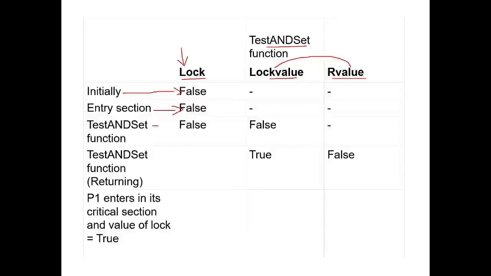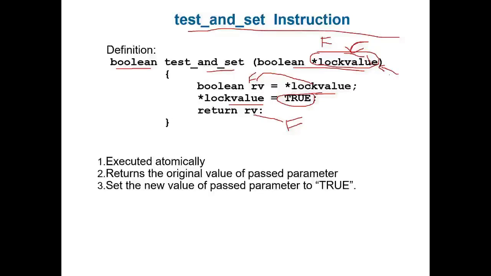And when it goes to the test and set function, there also we are initializing the value of lock false only, and the lock value is also false there. Here you can see in the function, at the beginning the lock value is false only, and again we are initializing the lock value false.